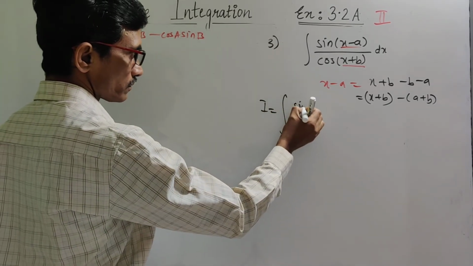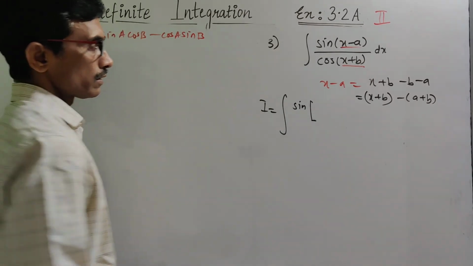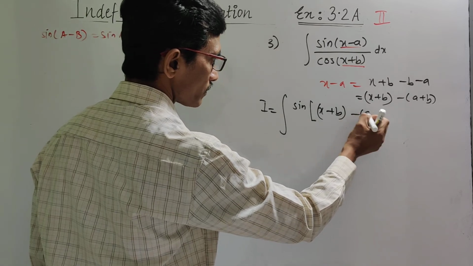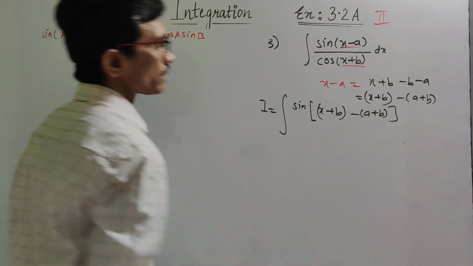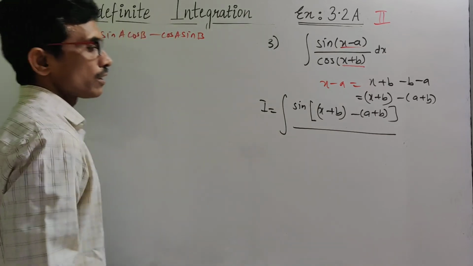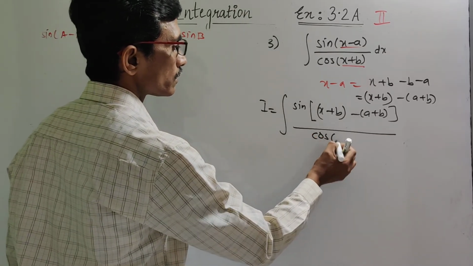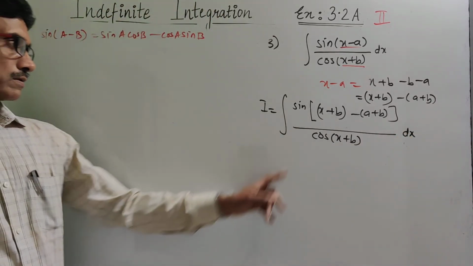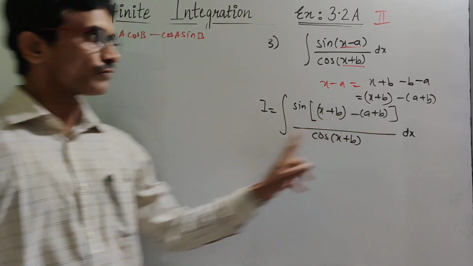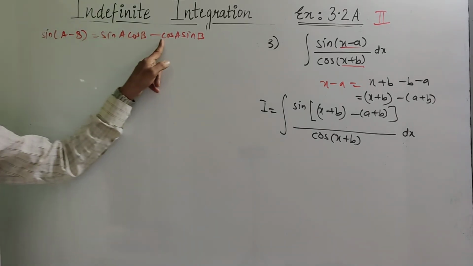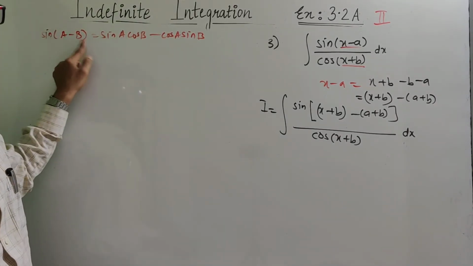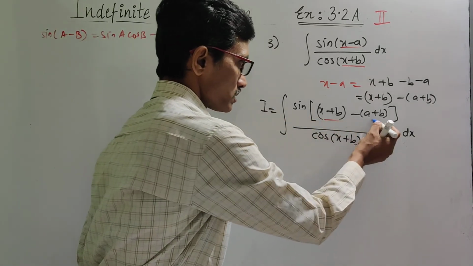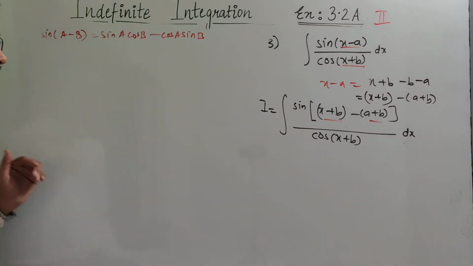So the integral I will be equal to sin of (x minus a), in place of x minus a we will write x plus b minus of (a plus b), upon cos of (x plus b) dx. Then we use the formula sin(A minus B) equals sin A cos B minus cos A sin B. This is our A and this is our B. So we expand it.